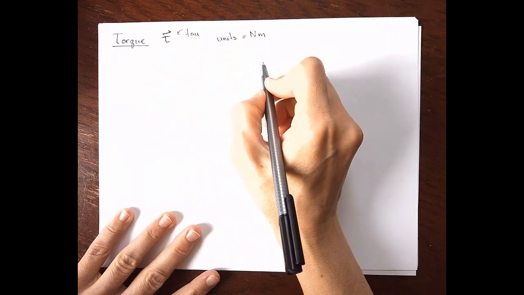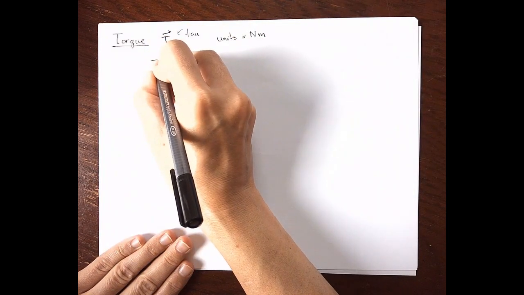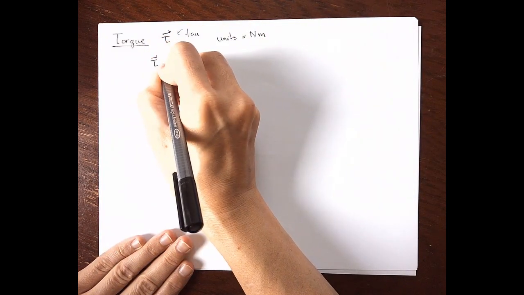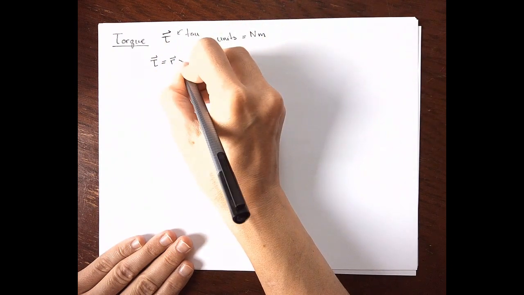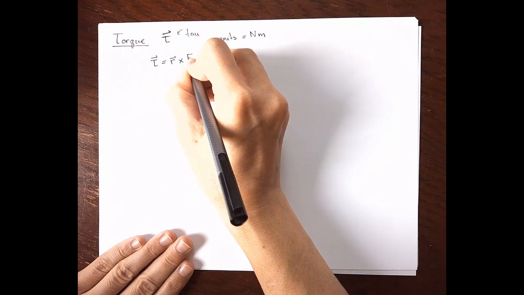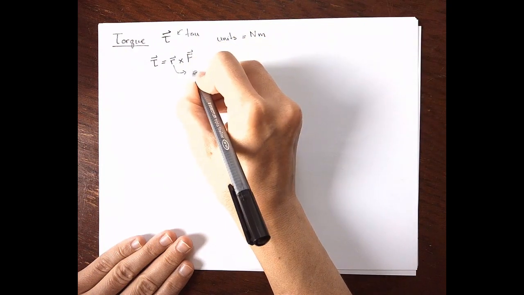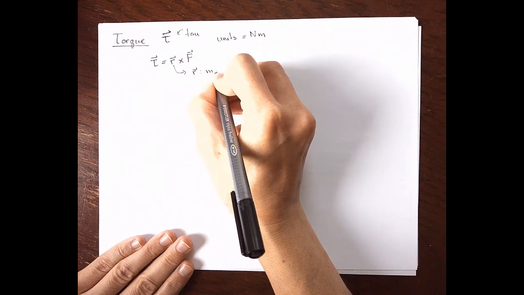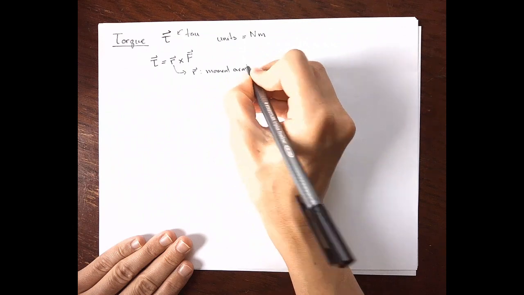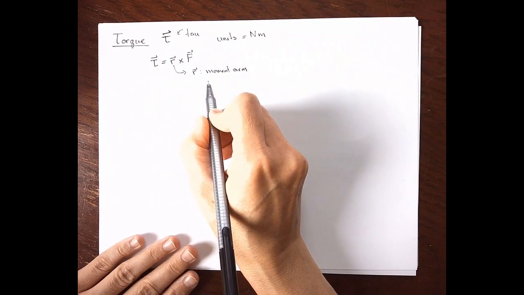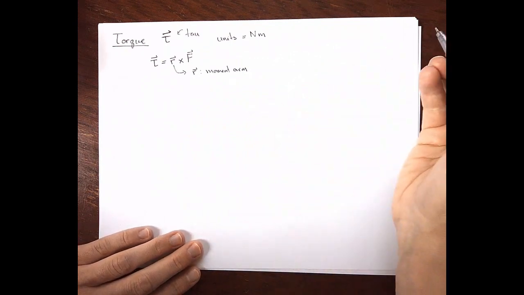All right, so having got that out of the way, what do we do to find torque? Well, torque is given by the cross product of R, which is something called the moment arm, with the force that causes the torque. So let's just write down R is known as the moment arm, and it's the distance between the axis of rotation to where the force is applied.